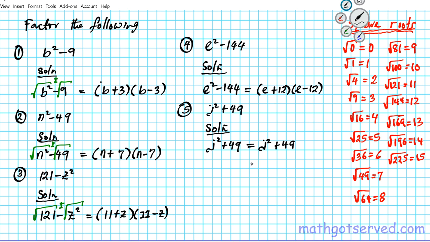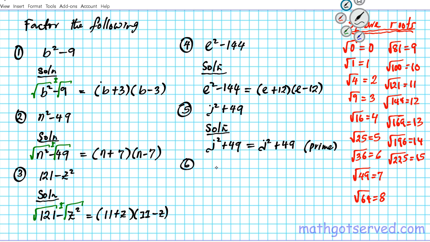Why is it exactly the same? Ladies and gentlemen, this is not a difference of squares. This is a sum of squares. Because the sign in the center is positive, this cannot be factored. It's prime because we have a sum of squares. So watch out for problems like that.